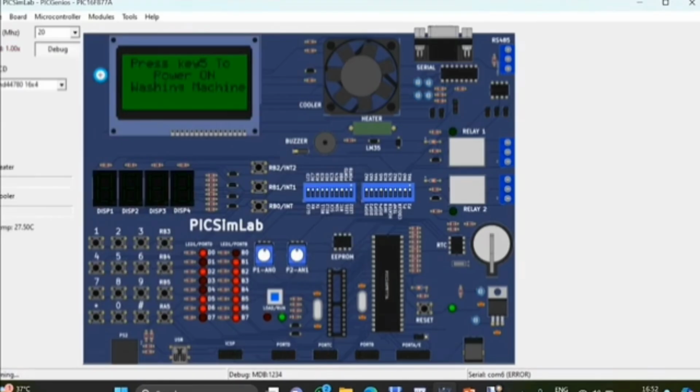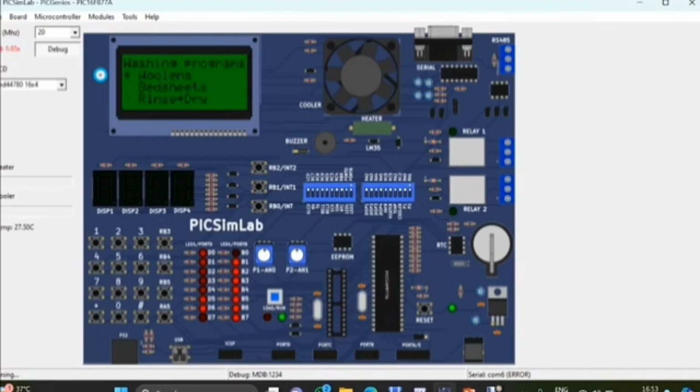Here we can see in the CLCD: press key 5 to power on the washing machine. Whenever I press key 5, it shows the washing machine programs: daily, heavy, whites, delicates, and so many options available for the washing machine.